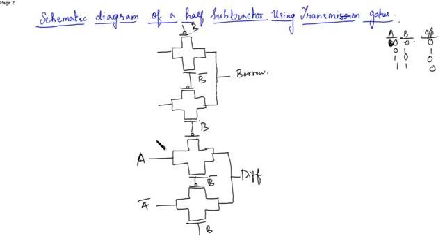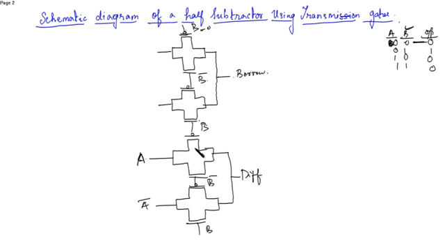So over here we have to see when it's 0 0, my output is 0. B is the controlling input, you have to keep in mind. When B is equal to 0, B bar is equal to 1, so this will turn off.